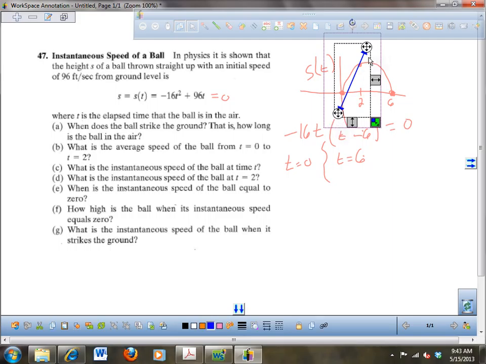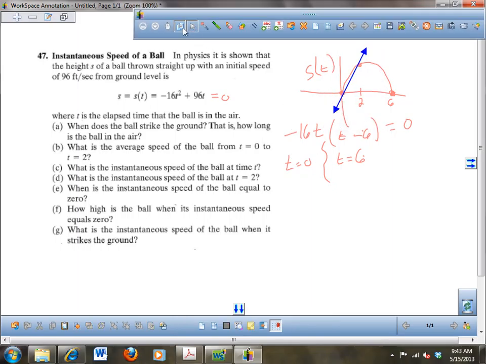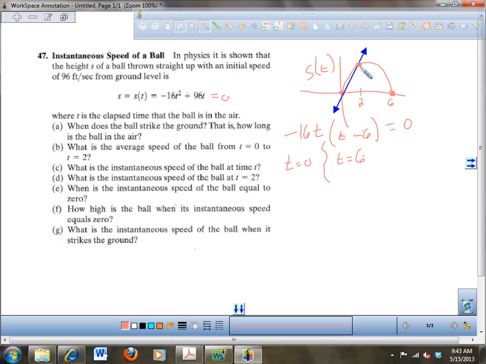There we go. So basically what you're finding in this one is the slope of this line, which is called the secant line, because this is change in time, and this is change in height, right?